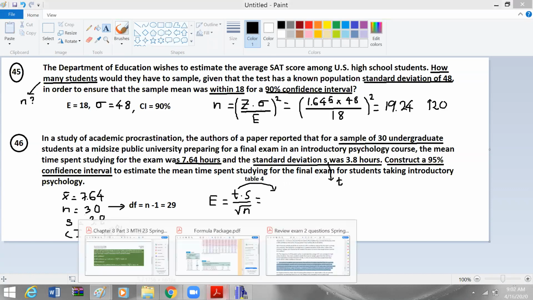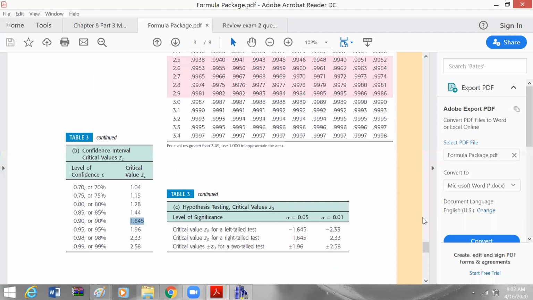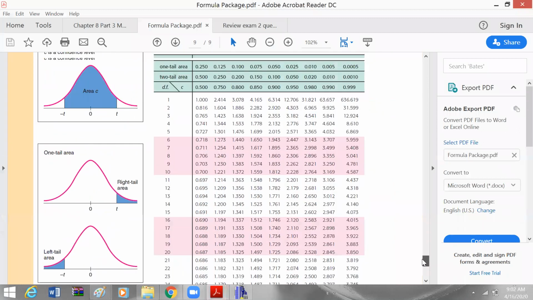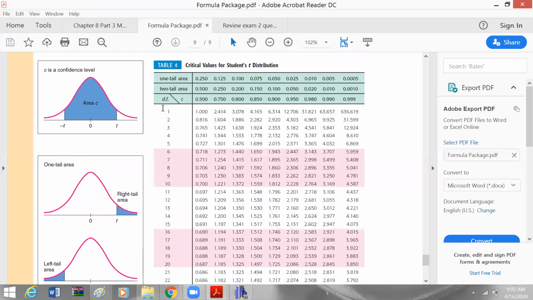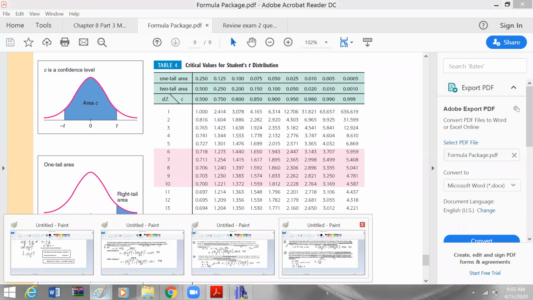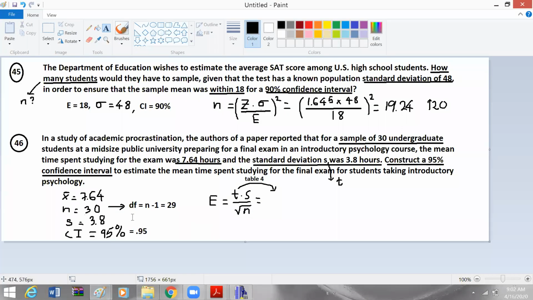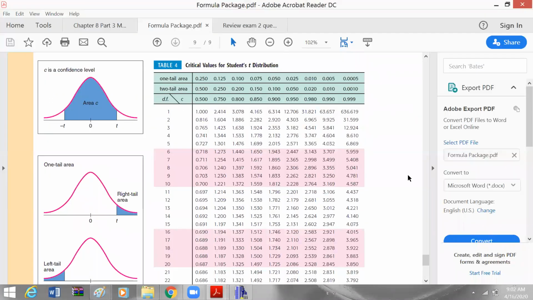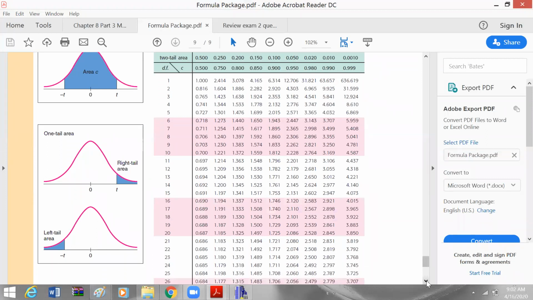How can we read the t-score? We go to table number 4. The df will be on this column, the confidence interval will be on this row, and then we read that. The confidence interval that the question gives is 95%, and the degree of freedom is 29. So we go all the way down to 95 and 29 right there.